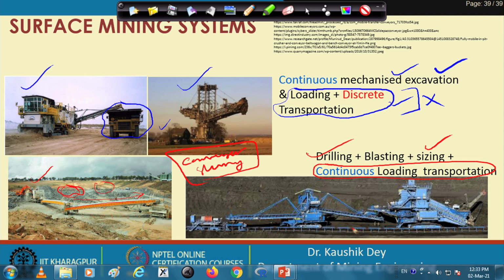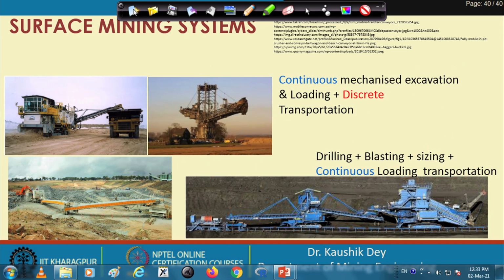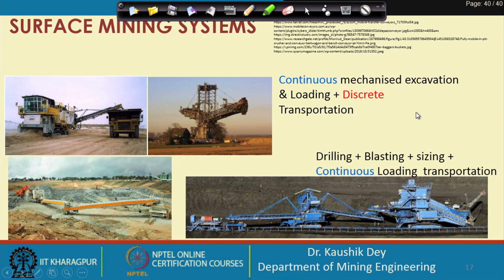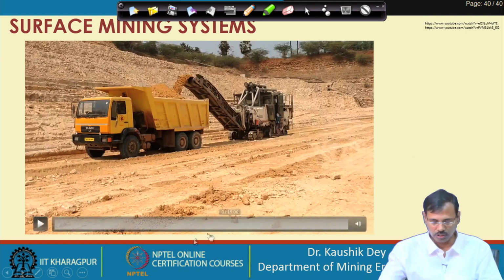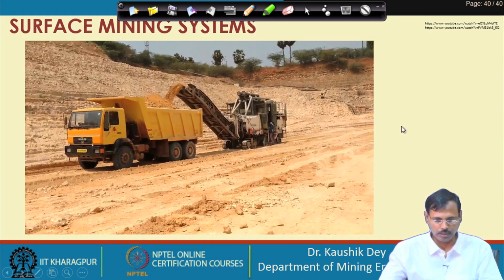This is another example where the mobile crusher is basically transporting the material to the conveyor. So this is the semi-continuous system, and this is one example of it. Let us watch this video.